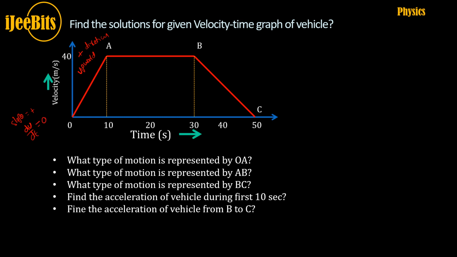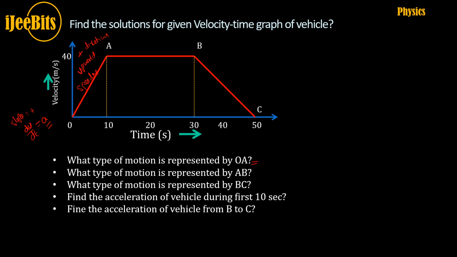This is called acceleration, and the slope is constant, so acceleration is also constant. Agree? That is 0 to A. So it is speeding up, that is for sure. Speeding up, positive direction, upward direction, and constant acceleration.